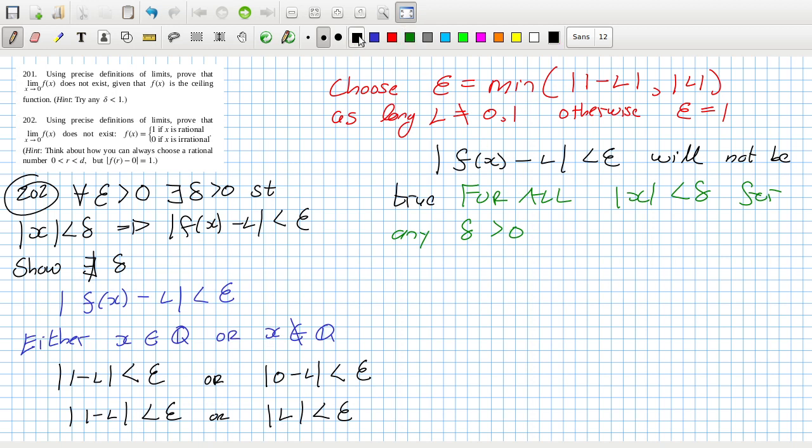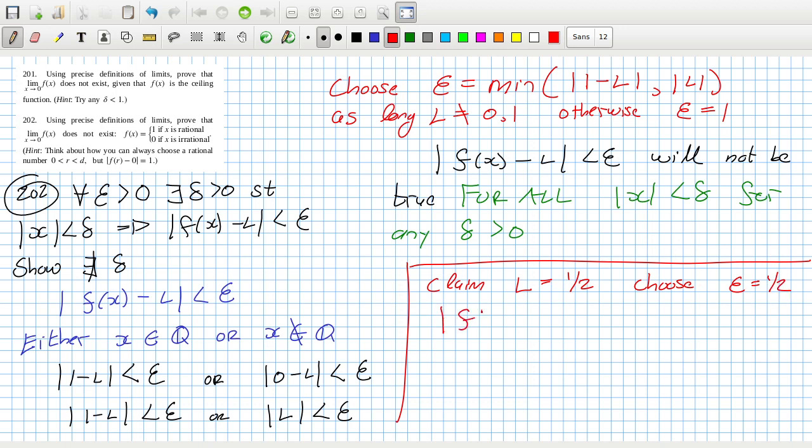Yeah. So suppose you're claiming that the limit is a half. Well, if you choose epsilon equal to a half, I should actually write out an example. So suppose someone claimed that L was equal to a half, then you just choose epsilon equal to a half.